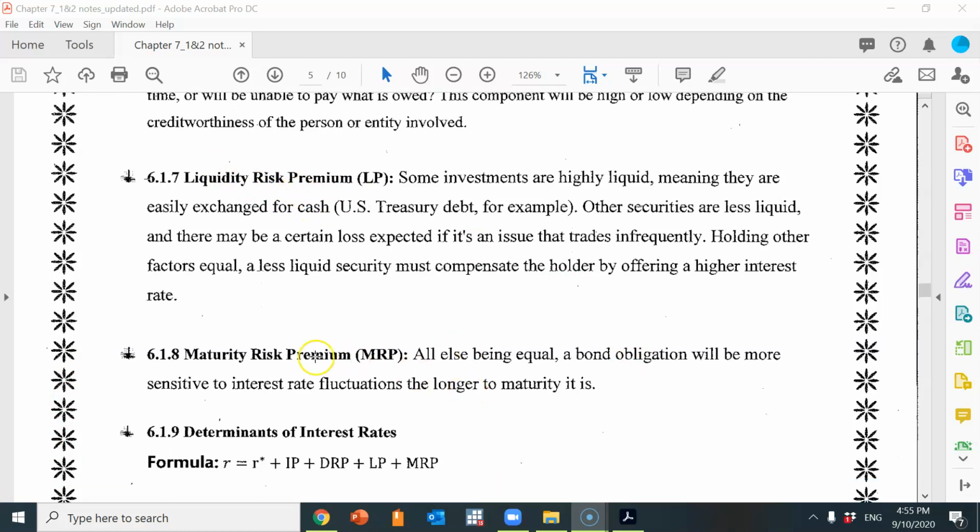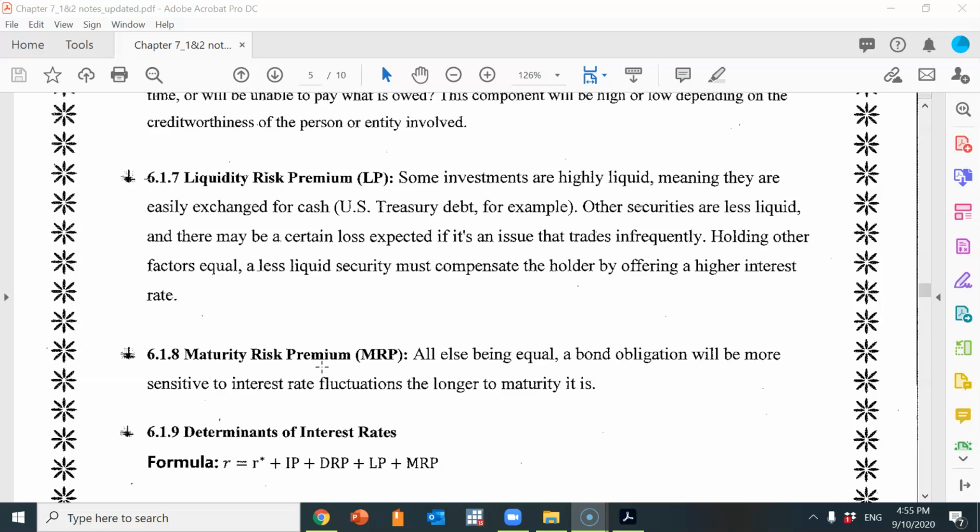The next premium is maturity risk premium. All else being equal, the bond obligation will be more sensitive to interest rate fluctuations the longer to maturity it is. So the long-term bonds have higher maturity risk premium than short-term bonds.